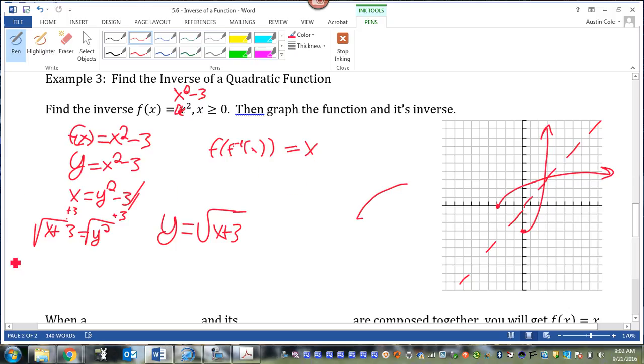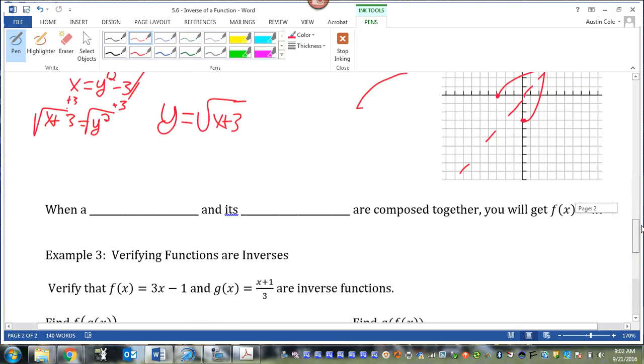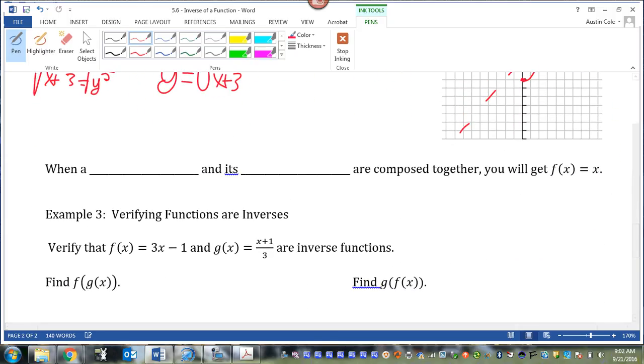Let's look at that real quick. When a function and its inverse are composed together, you'll get x.